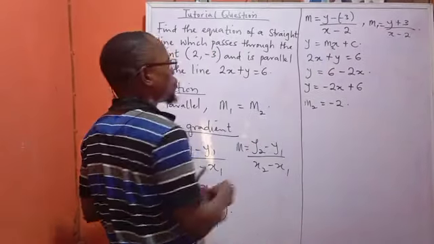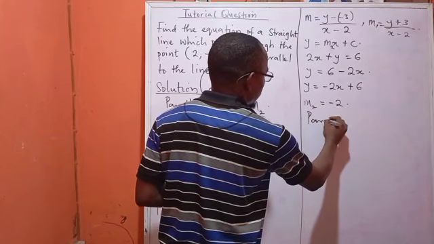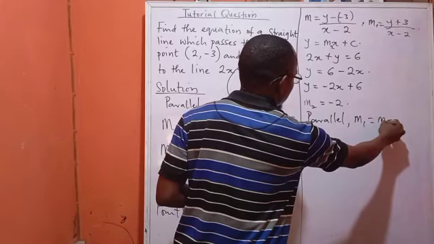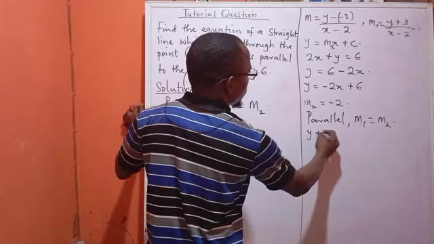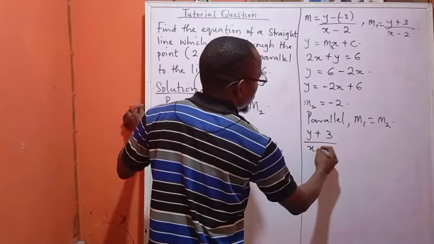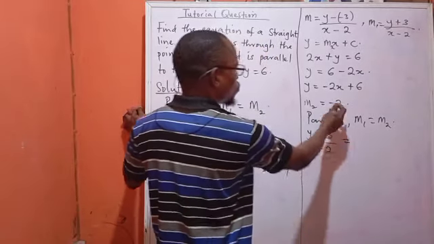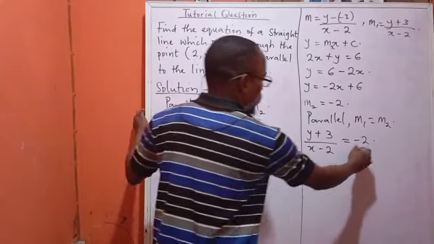From what we have here, since they are parallel, m1 equals m2. So what's our m1? Our m1 is y plus 3 all over x minus 2, equal to our m2, which is minus 2 over 1.